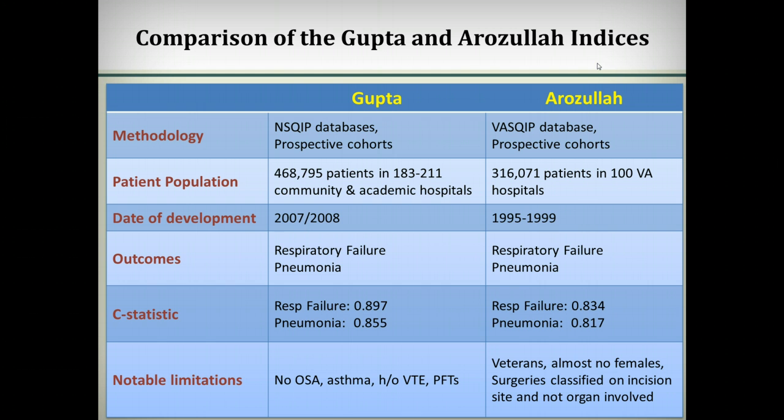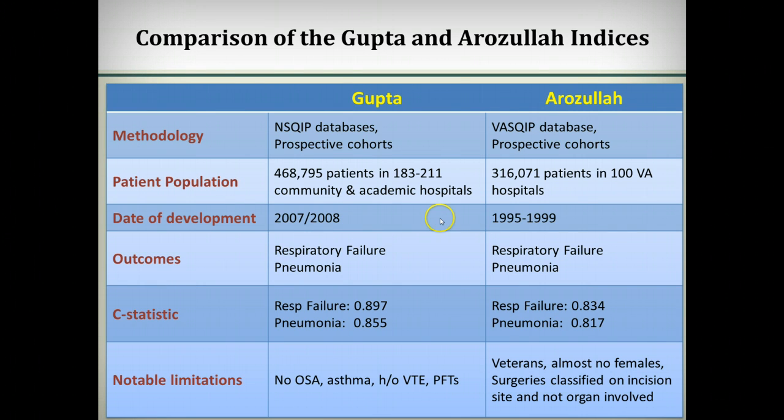Both of them were developed from prospective cohort studies, one from a National Surgical Quality Improvement Project database, the other from a VA Surgical Quality Improvement Project database. They both were developed on lots of patients in a variety of hospitals. Now, the Arozullah indices were developed only at VA hospitals, whereas the Gupta criteria were developed at a variety of community and academic hospitals.